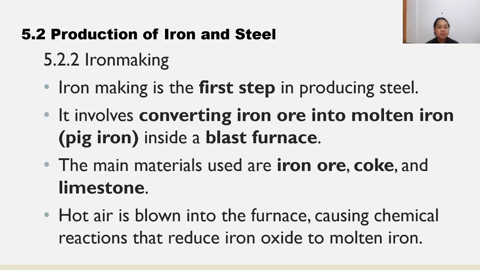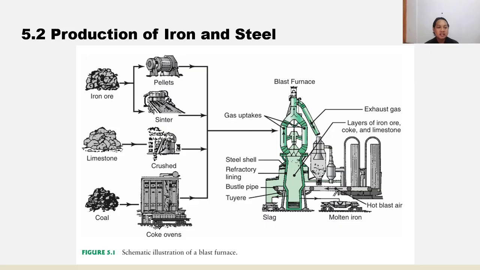Hot air is blown into the furnace, causing chemical reactions that reduce iron oxide to molten iron. As you can see in figure 5.1, there is a furnace where the three raw materials described previously are dumped into the top of a blast furnace.